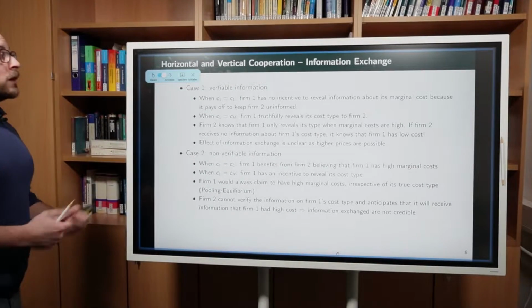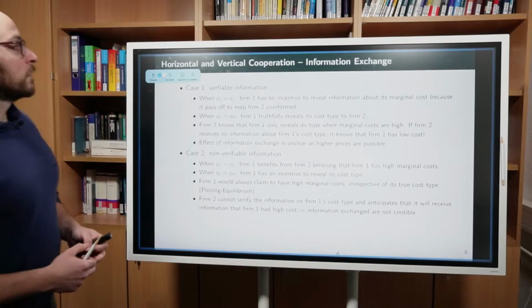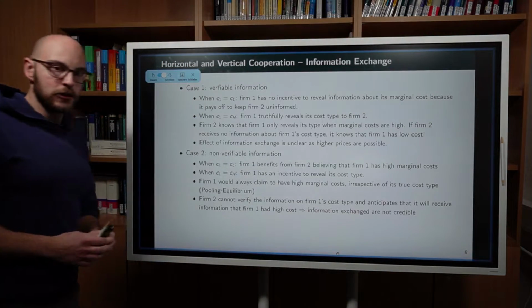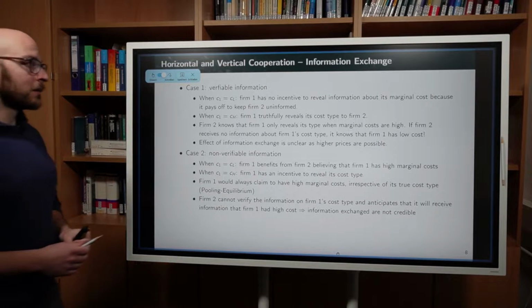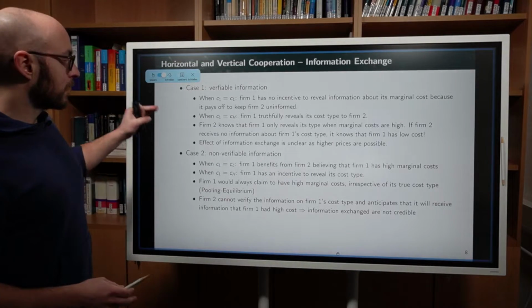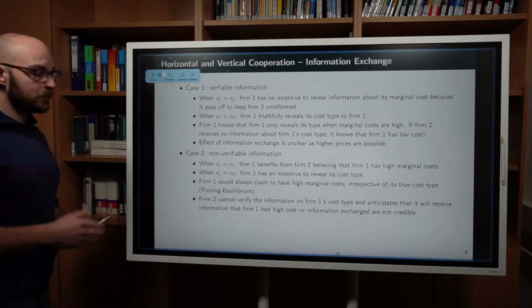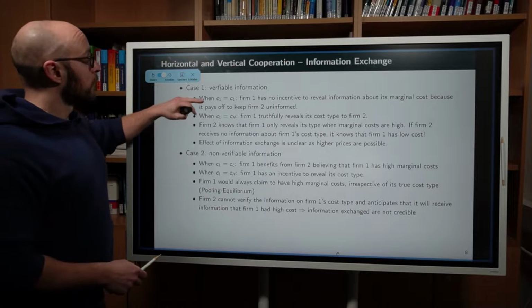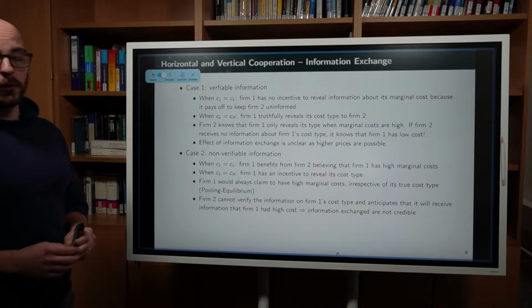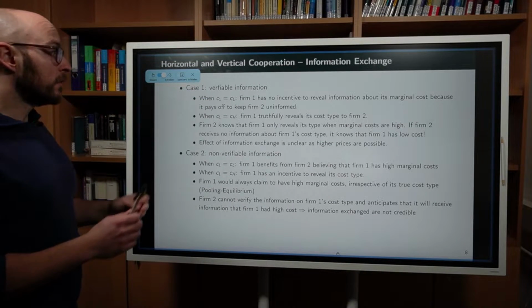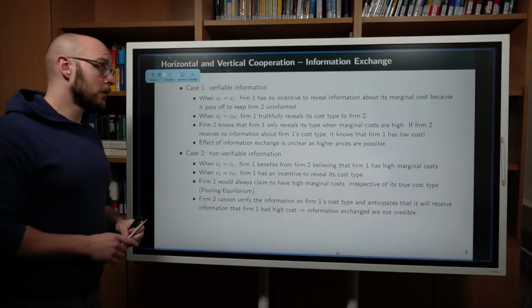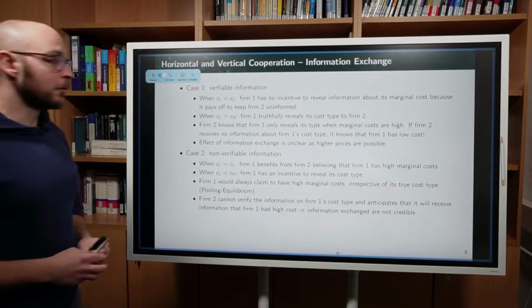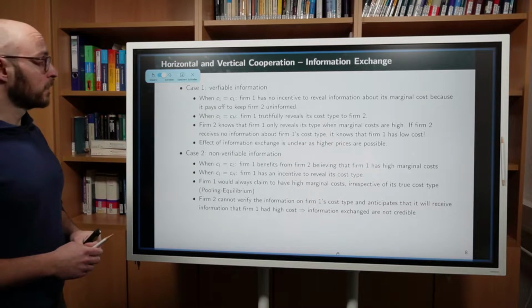So now, we have to distinguish between two cases. If the information that we exchange is verifiable, then we will see that the information exchange can occur. Why is that? Well, suppose firm 1 is a low cost type. When it reveals its type, we know that prices will decrease. So there is no incentive to keep firm 2 informed, right?